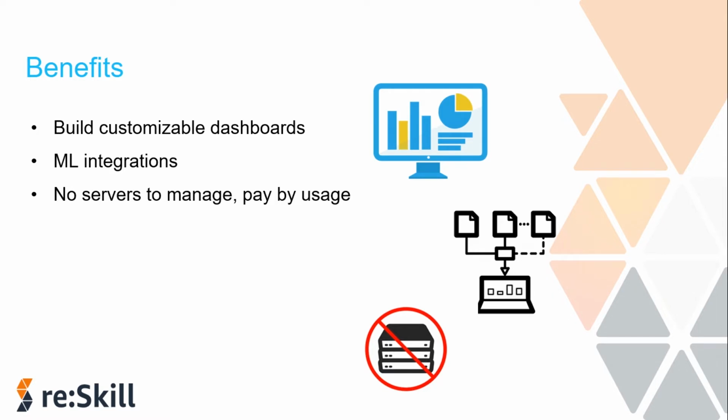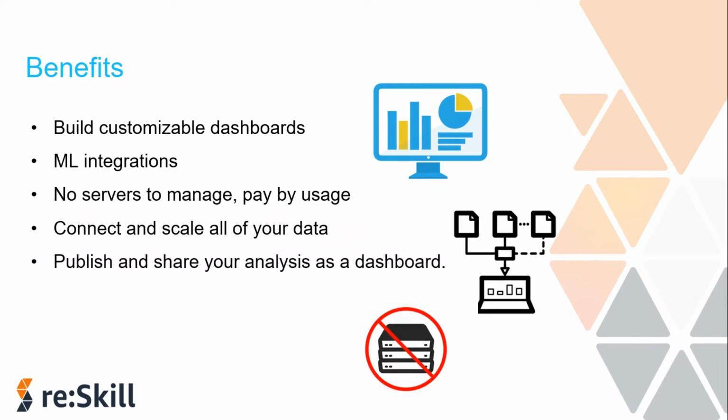And you can combine a variety of data from a variety of sources into a single analysis, and you can easily publish the dashboards and easily control the features that are available in those dashboards. So we will see in the demo also how we do all these things once we go onto the console. Also, we can publish and share our analysis as a dashboard and visualize the data in multiple forms over there.